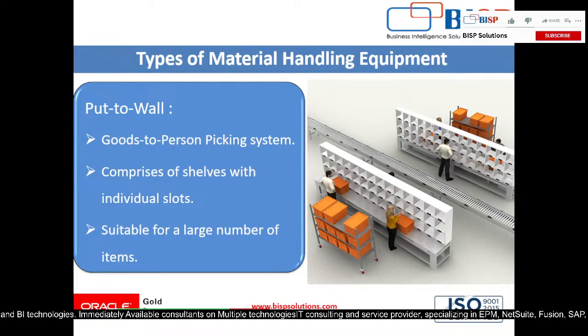Once the order is completed, the packing operators are notified via a light on the opposite side of the wall system, and the process is completed once the picker loads the items into the box, ready for shipping, right?